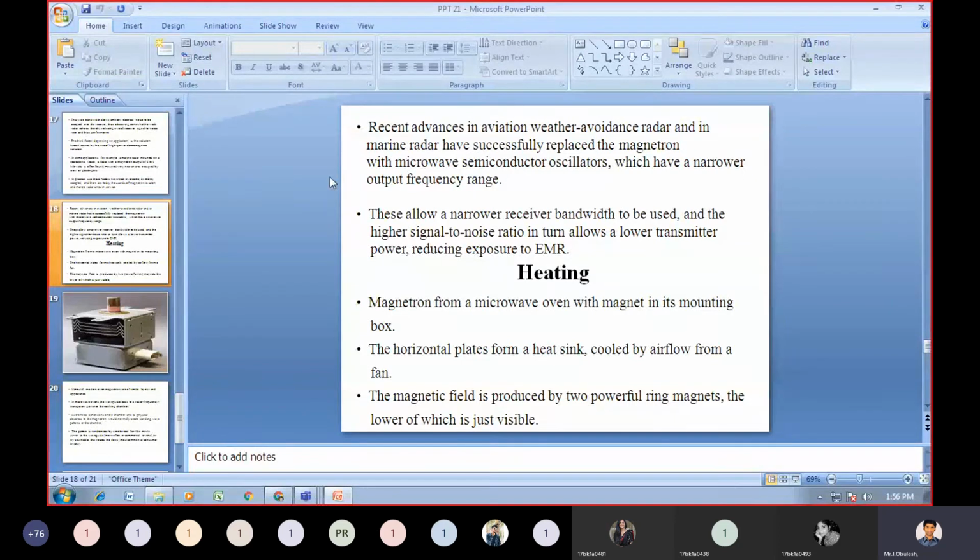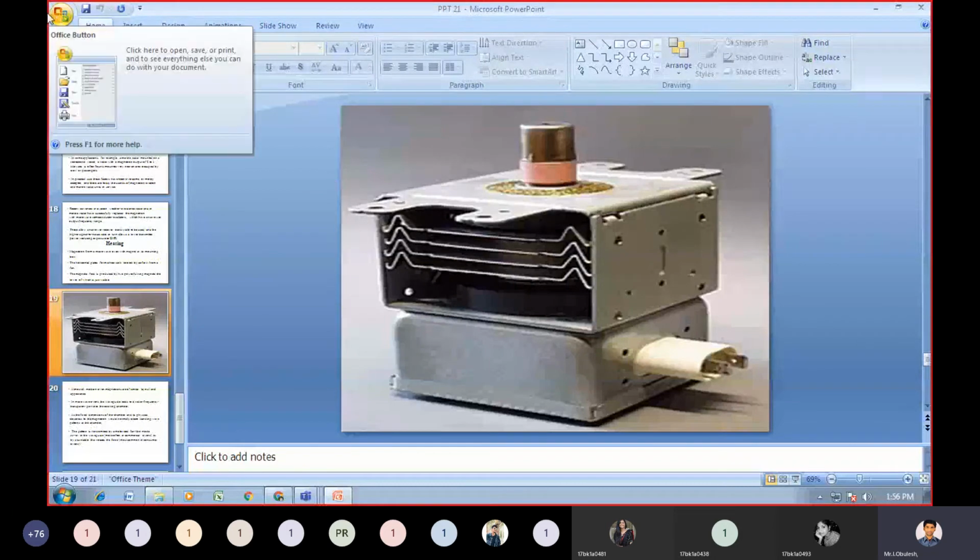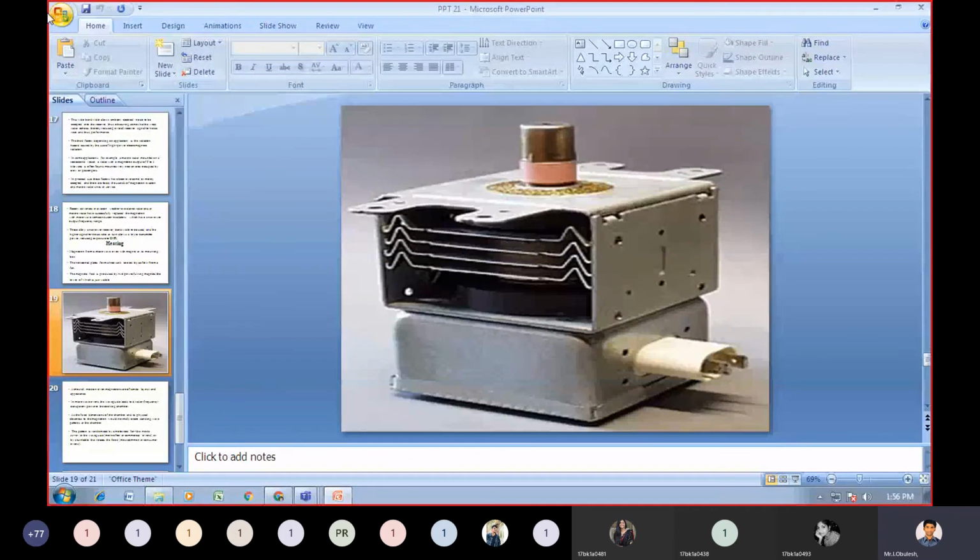Coming to heating. A magnetron from a microwave oven with magnet in its mounting box. These horizontal plates form a heat sink, which is cooled by airflow from a fan.